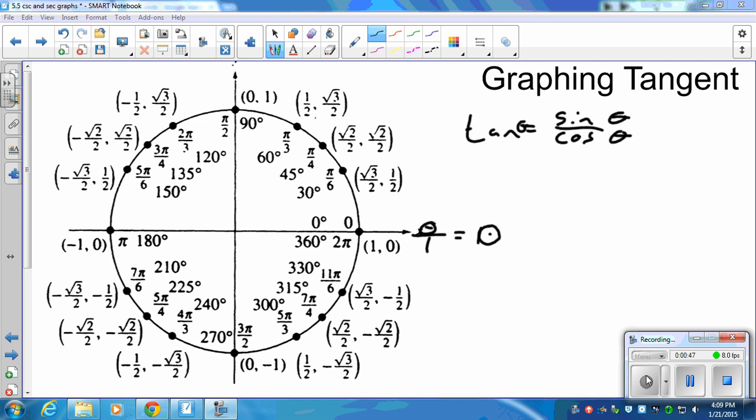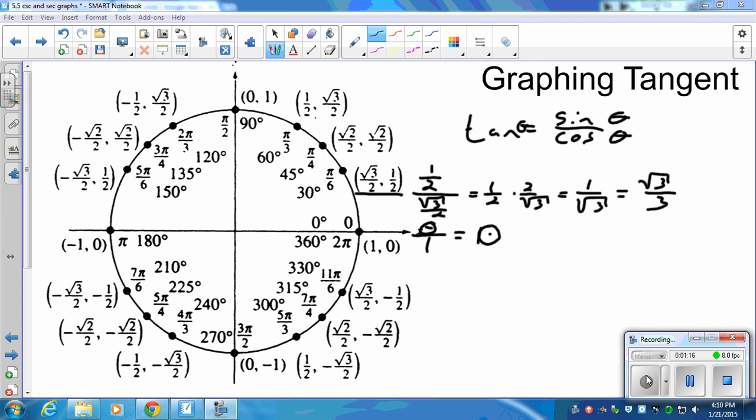If I did it here with pi over 6, my sine is going to be 1/2 over square root of 3 over 2. Dividing by something is the same thing as multiplying by the reciprocal, and that's going to be equal to 1 over the square root of 3. And rationalizing my denominator, I get square root of 3 over 3.